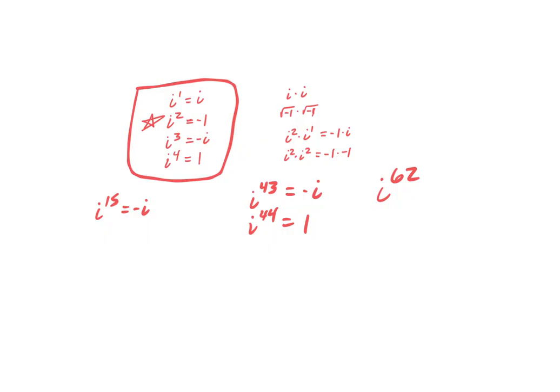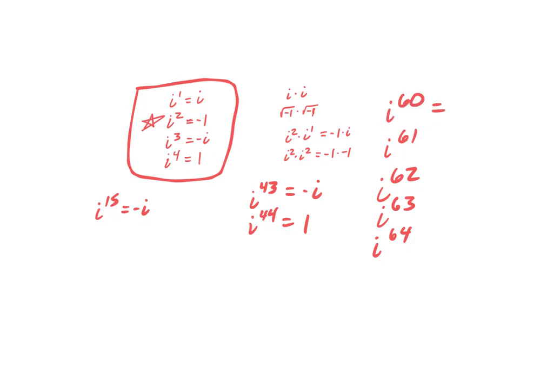No. So 62 does not divide by 4. So I could either go up or I could go down. I could go down to 60 or I could go up to 64. Either way would be fine.